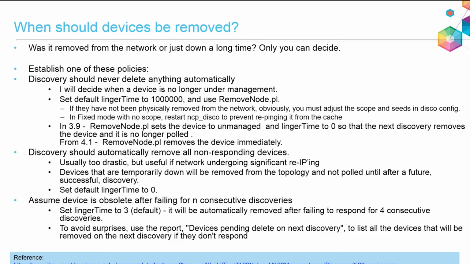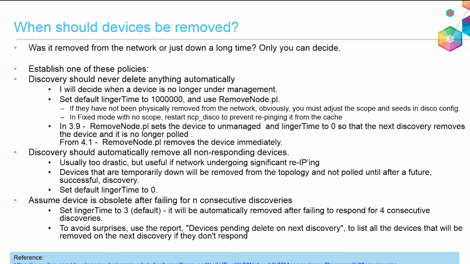By default it's 3, as you know. I know you set it at 3, but after 3 it'll set it to 0, and it needs one more discovery to set it from 0 to -1, which will actually cause it to get removed. So it's after 4 discoveries it'll get removed.